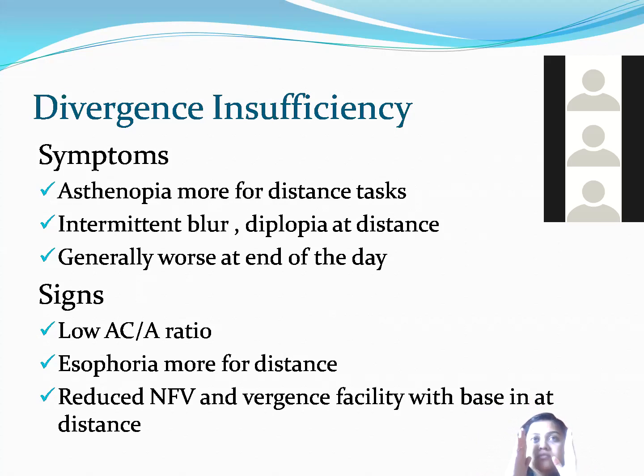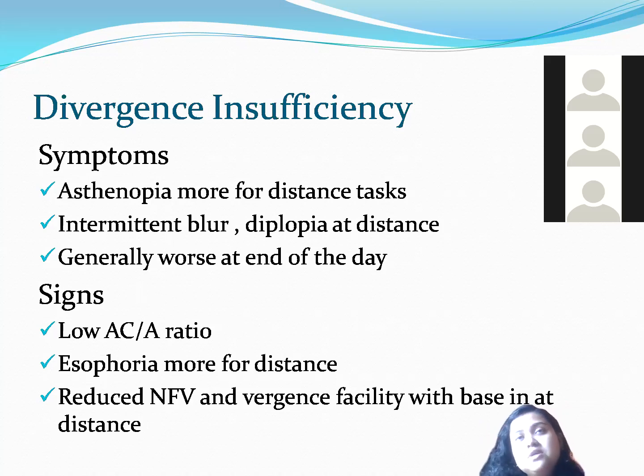Now, when I'm looking at distance, my eyes should diverge like this. That means the eyes will not go out, but you should have a normal divergence while looking at distance. So in case of divergence insufficiency, the patient cannot diverge his eyes while looking at distance.